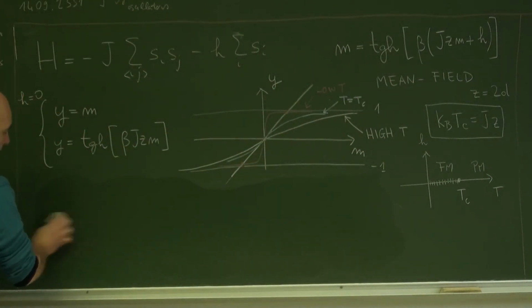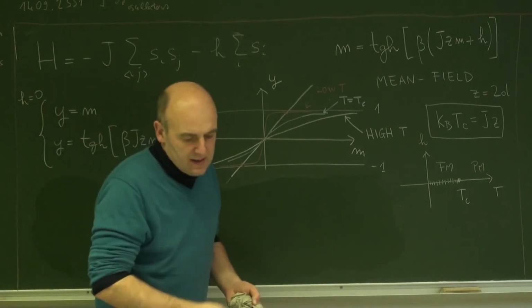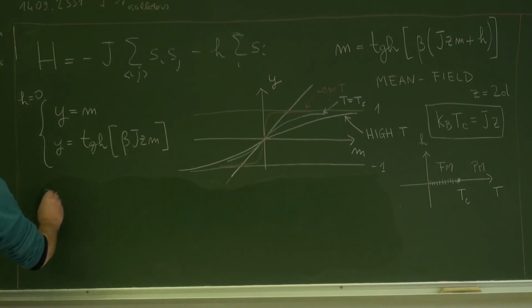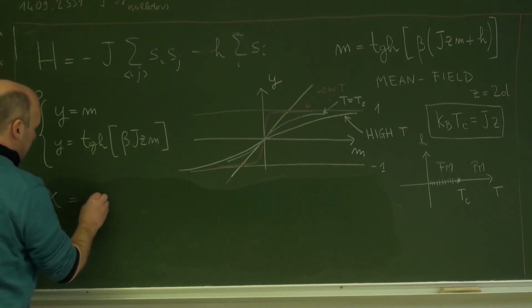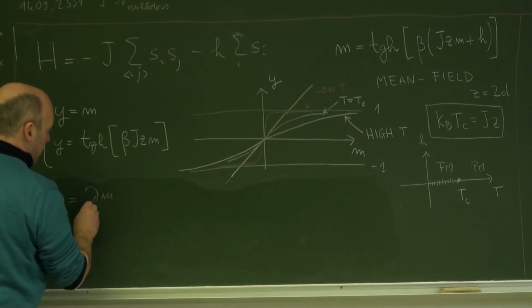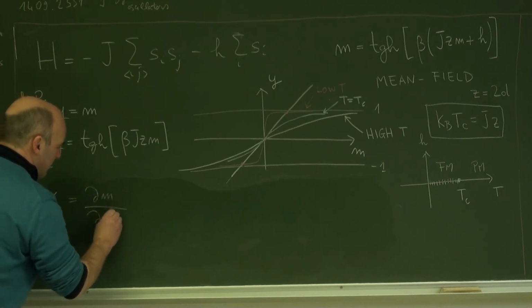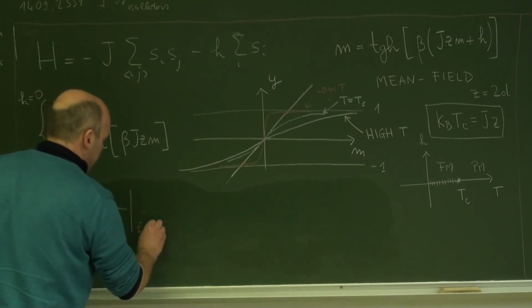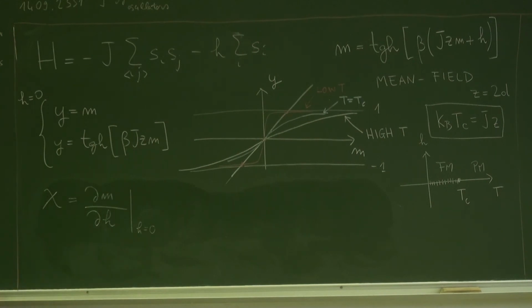Now there is a third critical exponent, which is the exponent gamma, and this is the exponent that describes the behavior of what is called the magnetic susceptibility. So how is the magnetization behaving? Well, it is the derivative of the magnetization with respect to the magnetic field, calculated at h equal to 0 around the critical point. Again, I do the same analysis as before.